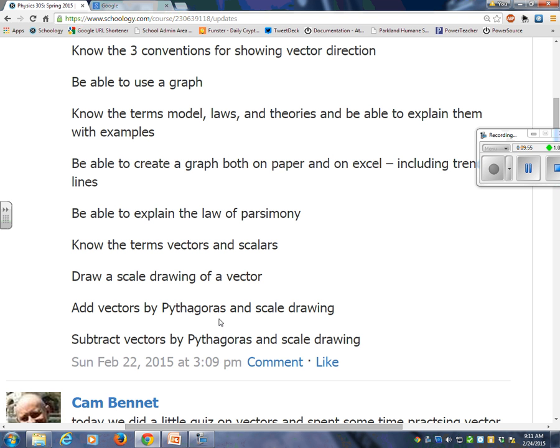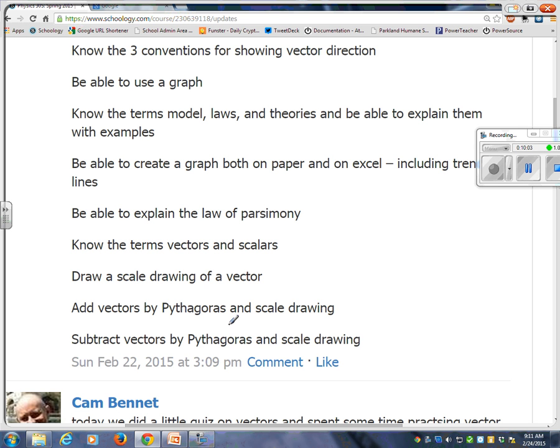Oddly enough. They forget on scale drawings to say 1 centimeter equals, and it's kilometers per hour. Yes, that's possible. 1 centimeter represents so many kilometers per hour. Okay? That's mostly it.